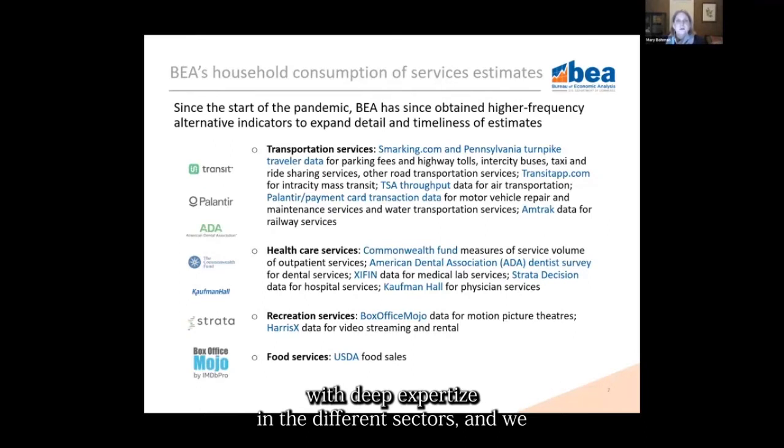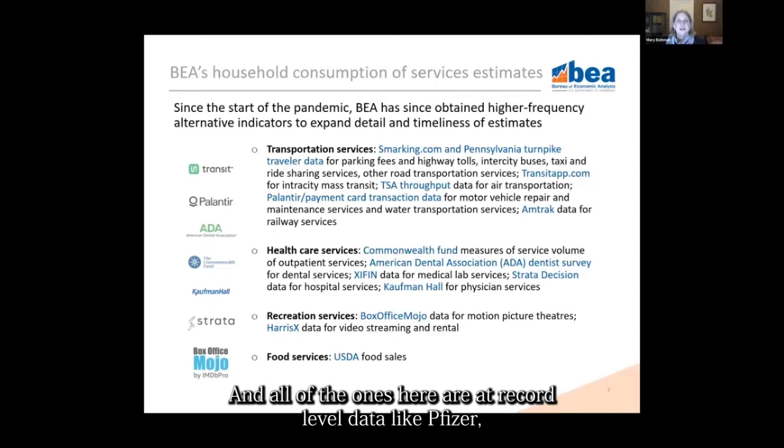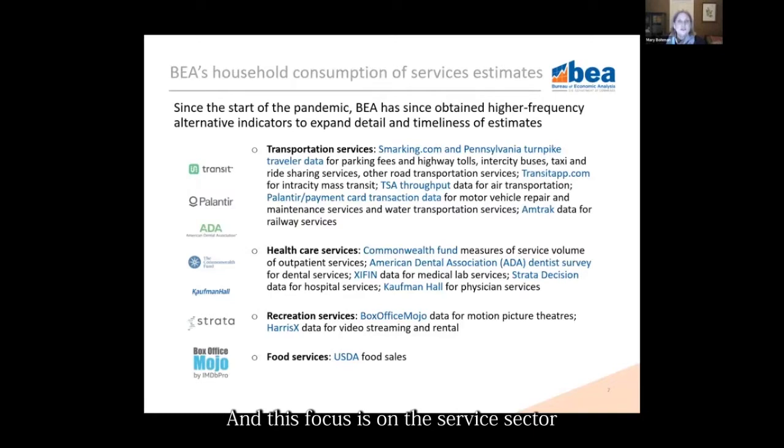And they went out and looked for and tested the quality of alternative data sets. All of the ones here aren't record level data like Fiserv, but they provide new and reliable information that they were able to assess. And this focuses on the service sector and complemented the other information that we had.